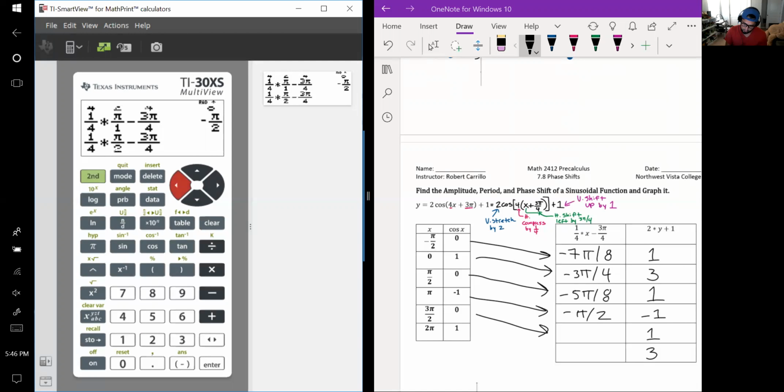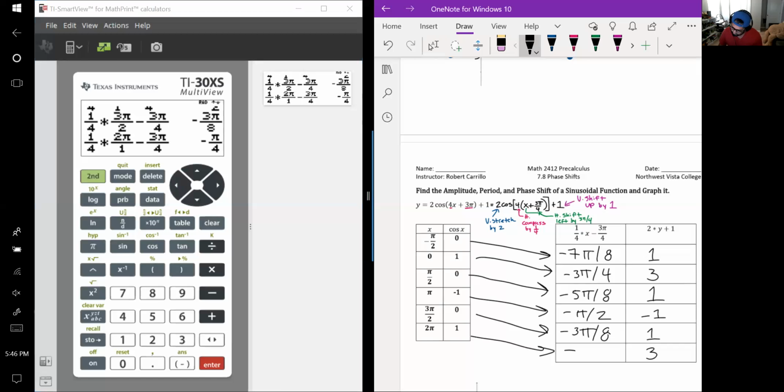Make that a 2. Make that a 3 pi. Hit enter. You get negative 3 pi over 8. And then last one for 2 pi. Make that a 1 down below. And make that a 2 pi. Hit enter. Negative pi over 4.